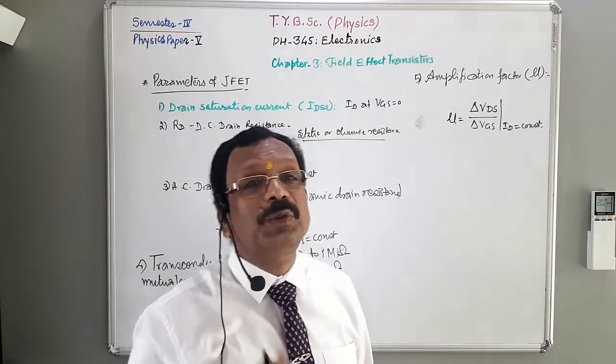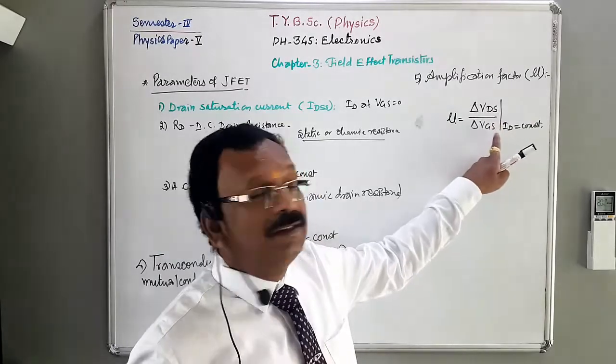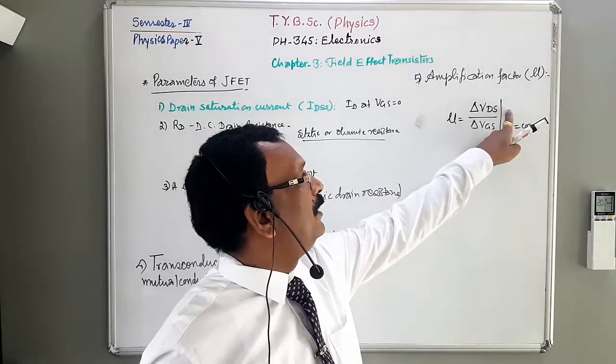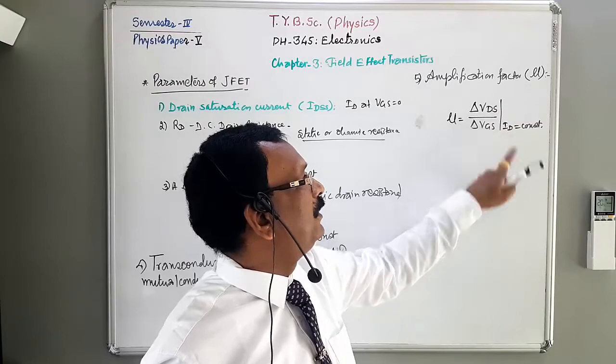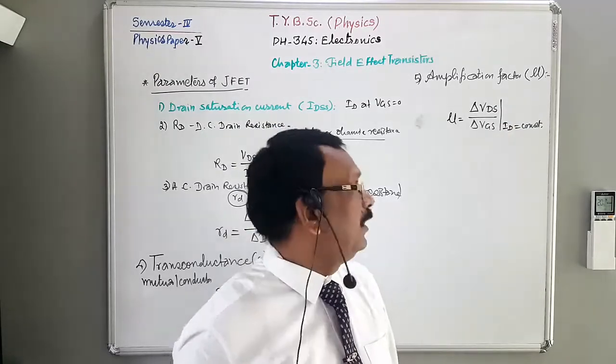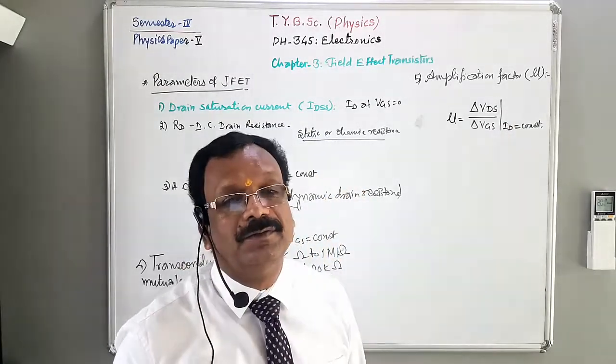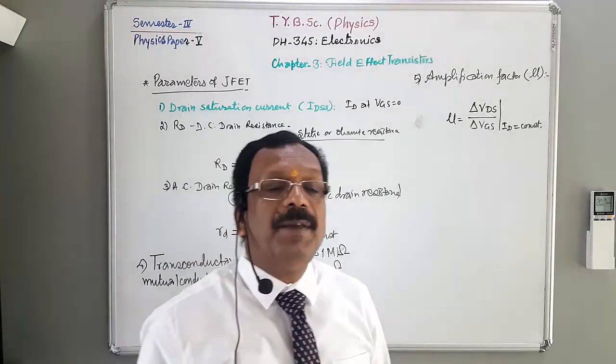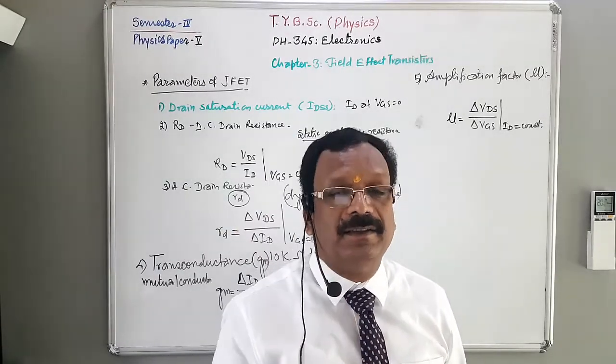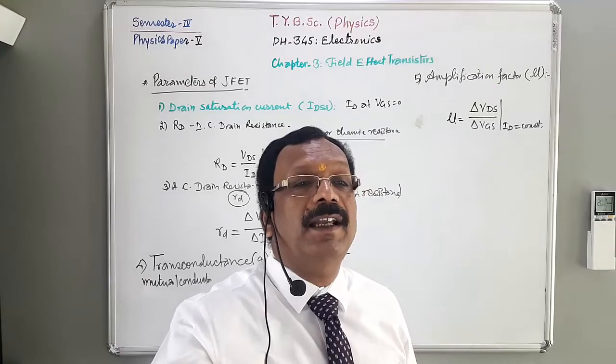It has no unit because the unit of change in VDS gets cancelled with the unit of change in VGS. And it can be as high as 100.